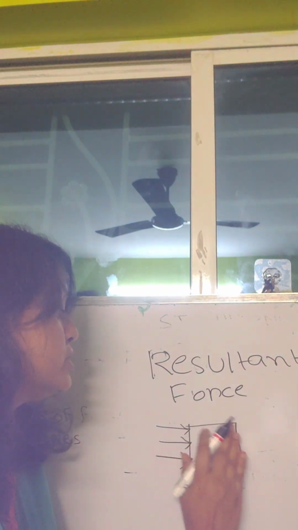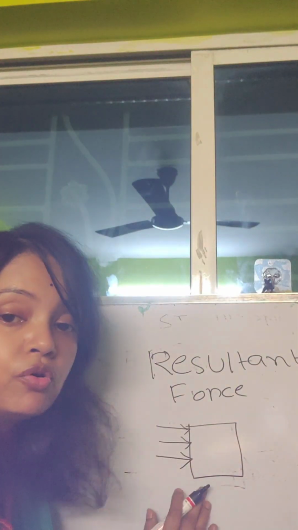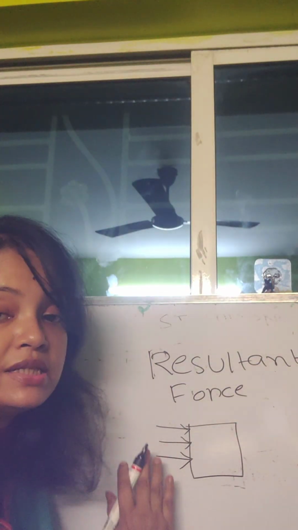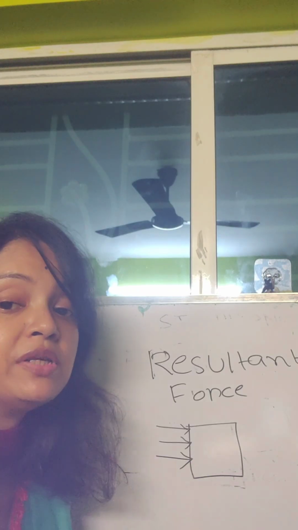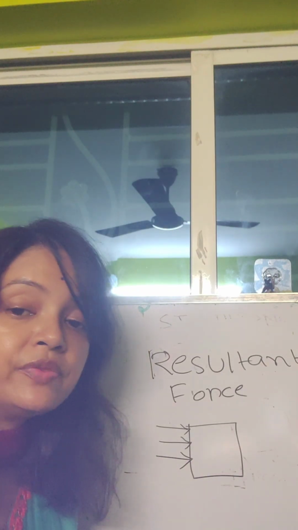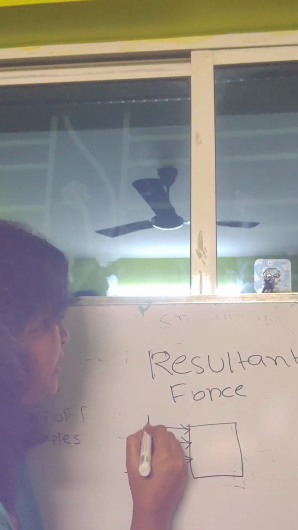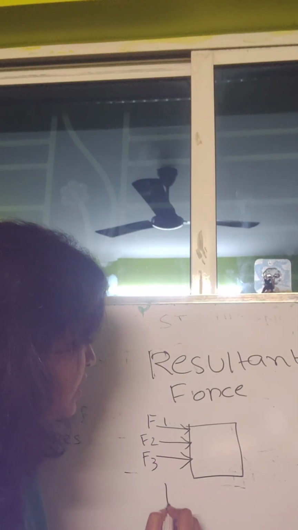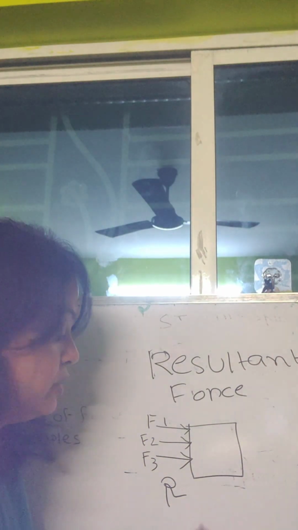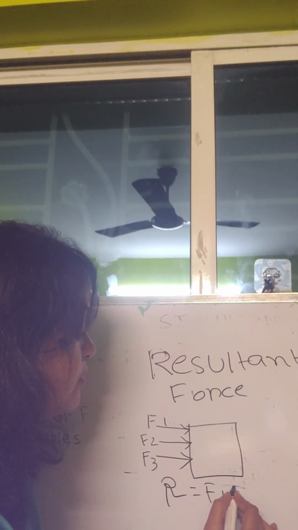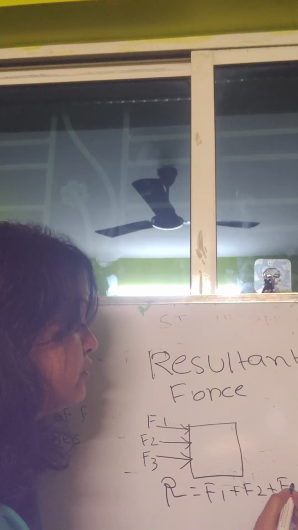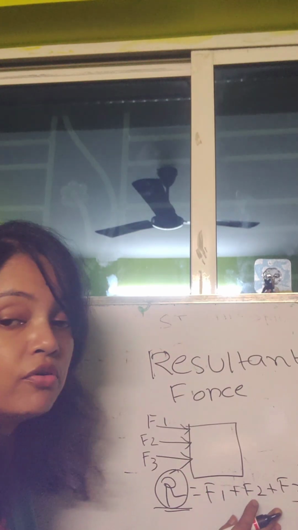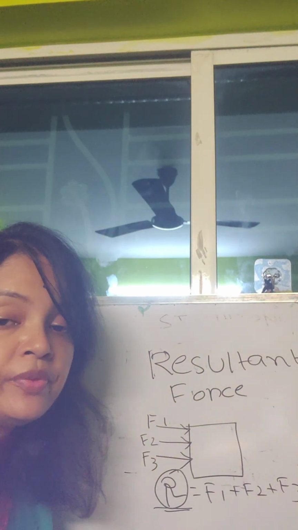The combined effect of force can be represented by adding these forces, and that can be represented as a single force. This is called the resultant force. If this is F1, this is F2, this is F3, then the resultant force will be R equal to F1 plus F2 plus F3.